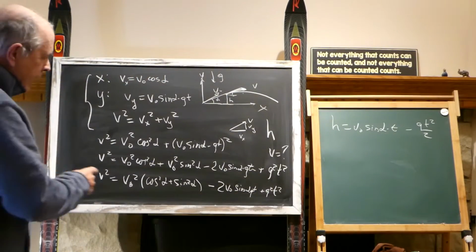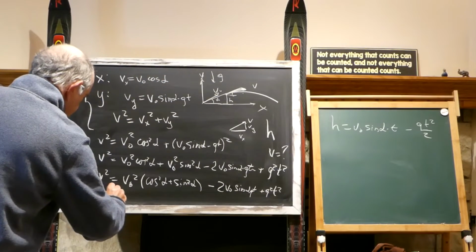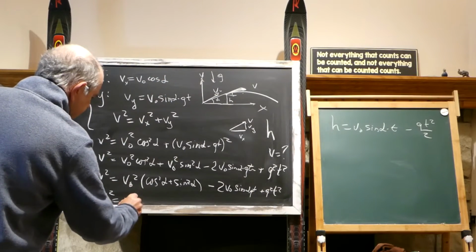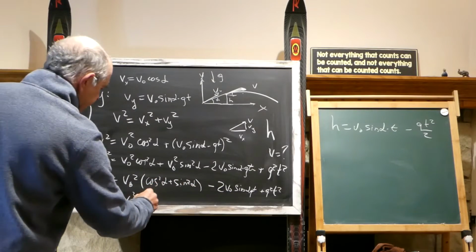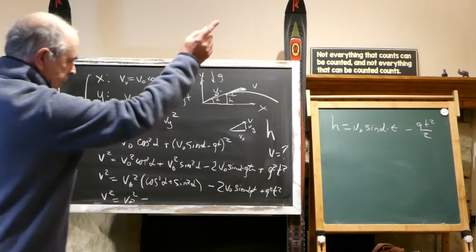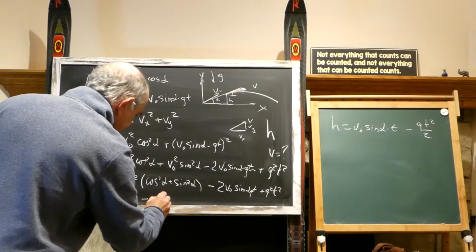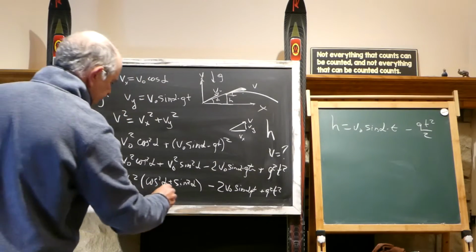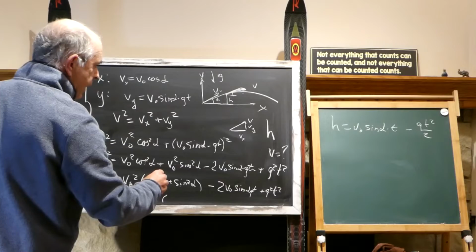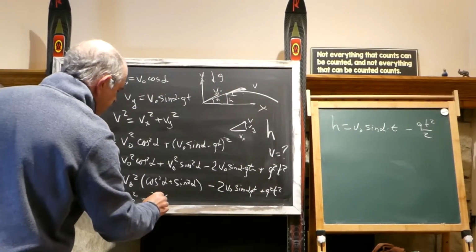And one other thing I can do here, I have g and g, so let's finish this. V squared equal v0 squared, right? And this is 1. I don't know why I ran away right away. I have to finish this. And g I can factor out, and already looking here, let's factor out 2g.